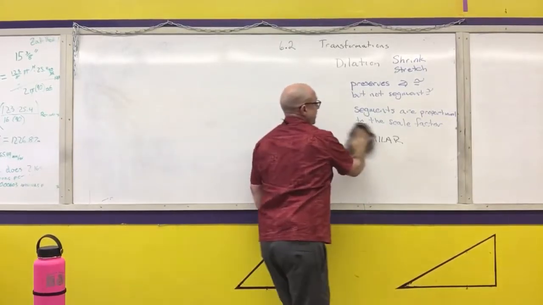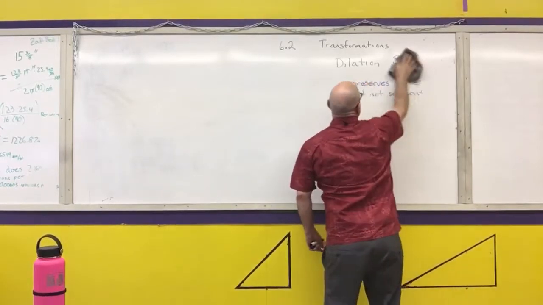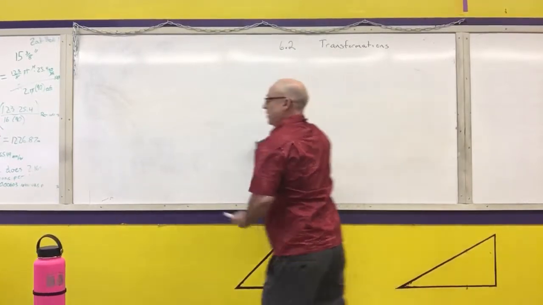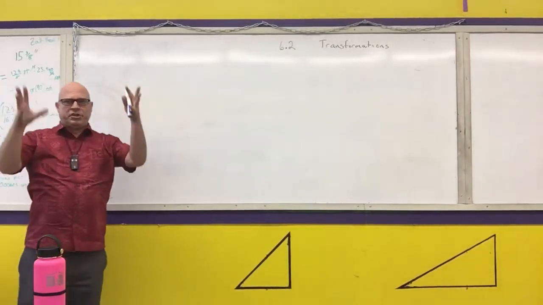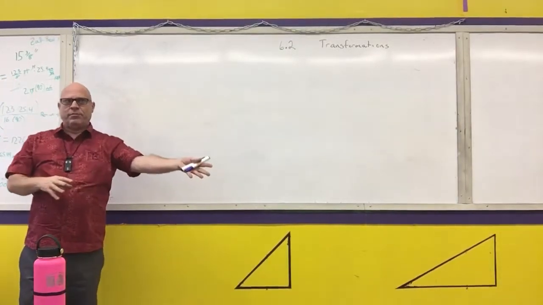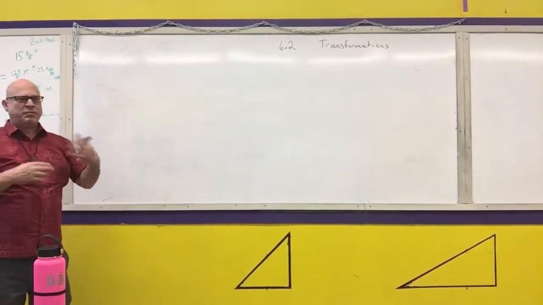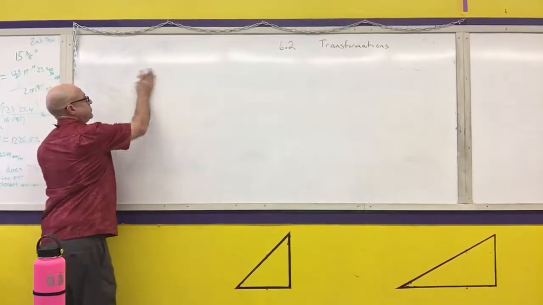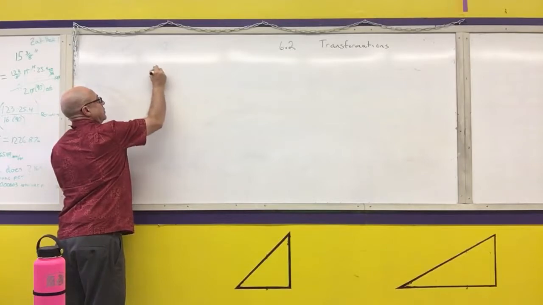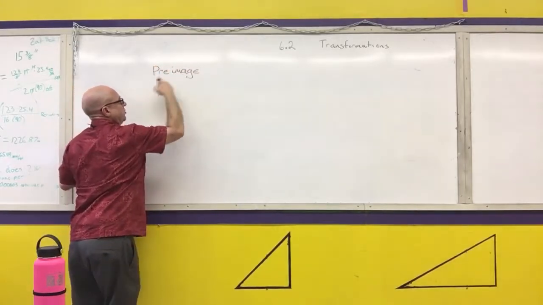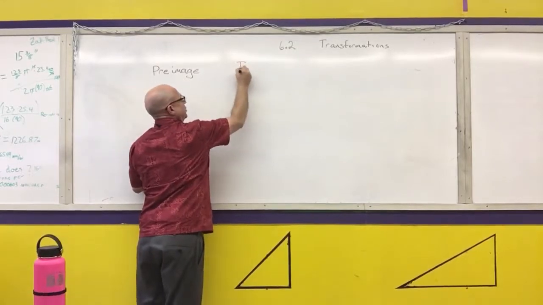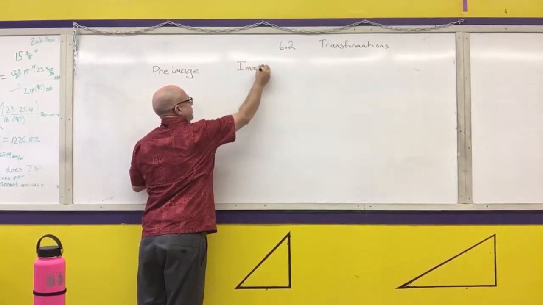Okay, first thing I want to talk about is notation. Instead of using different letters for the two figures that we get, we are now going to use the same letters but with some notation to them. So the two terms I want to talk about are the pre-image and the image.